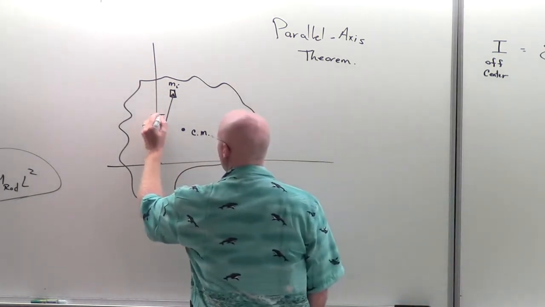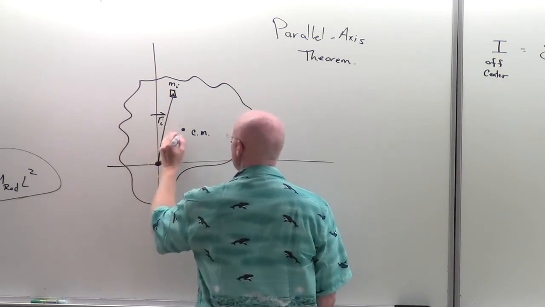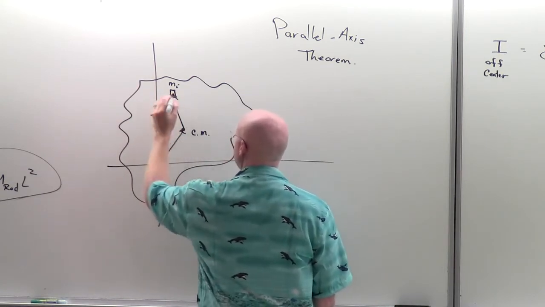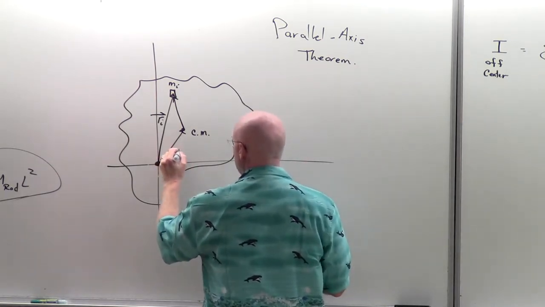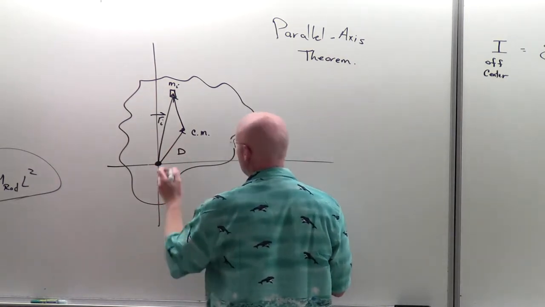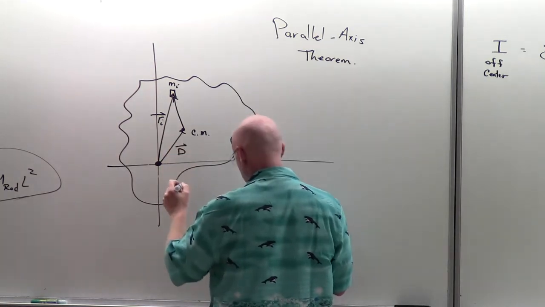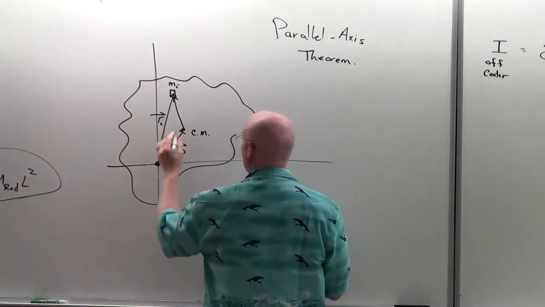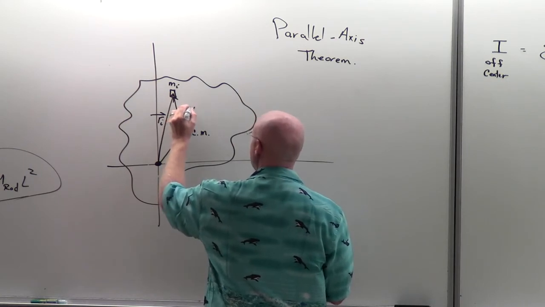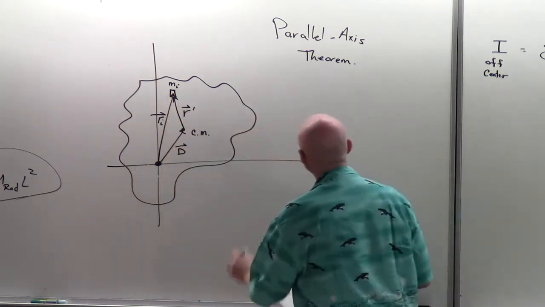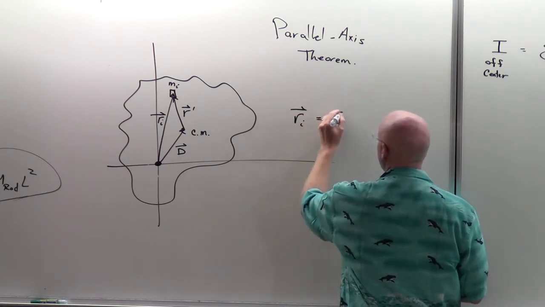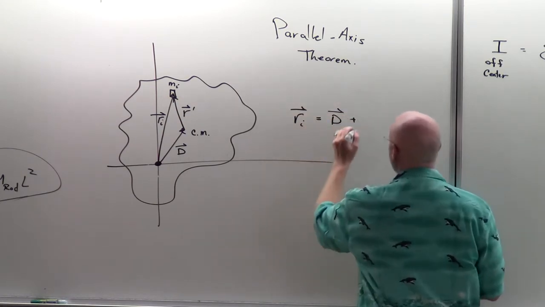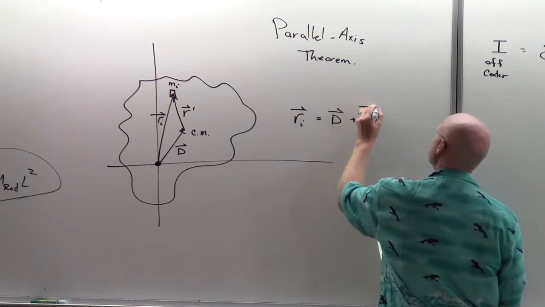This will be a vector, but here's where the little trick comes into play. This will be what he calls a d vector, and this he calls, let's call it an r prime vector, meaning that the actual position of the mass can be thought of as two steps.